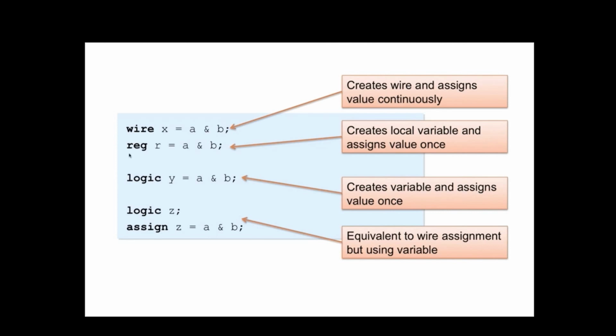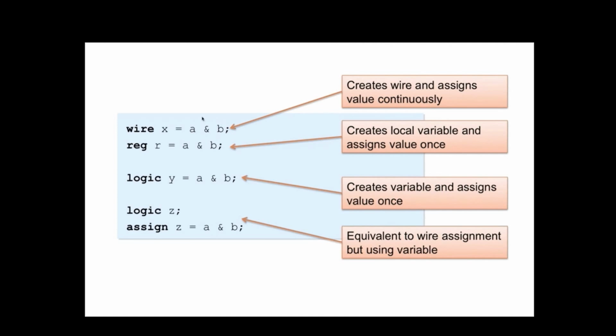So what a lot of folks will try to do is use logic, and that works fine, except that the wire assignment was kind of special. If I have a wire X that equals A and B, this actually creates the wire and assigns the value continuously.